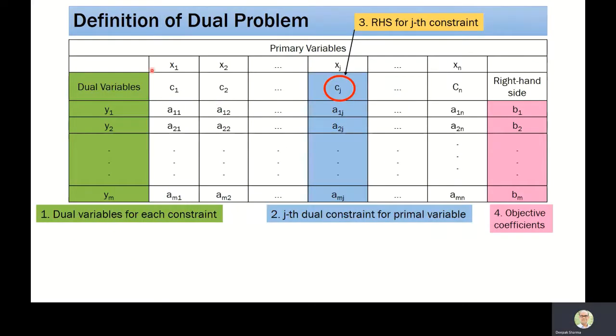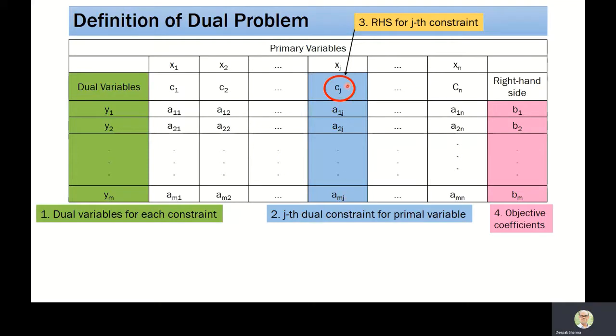We know that a problem can be converted into the dual form. The primal problem can be converted into dual form, first by assigning the dual variables. One dual variable is for one constraint, so since we have m constraints, we have m dual variables. Second, we have the dual constraints. The coefficients a1j, a2j, amj are the coefficients for the dual constraint.